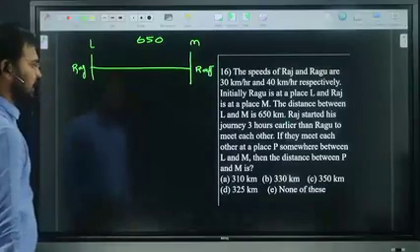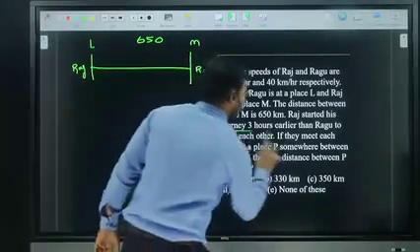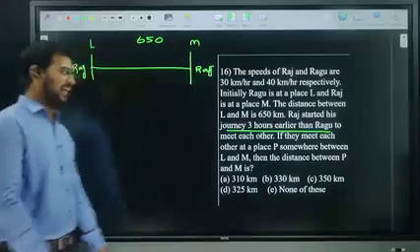Raju started his journey 3 hours earlier than Raghu.